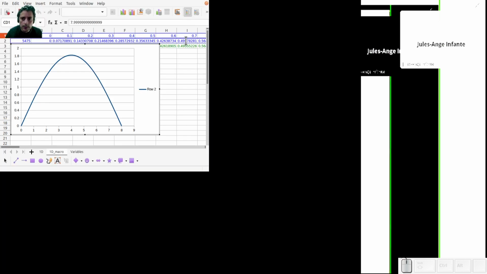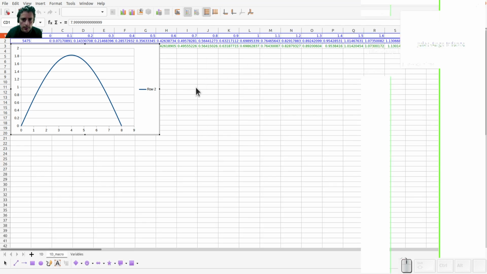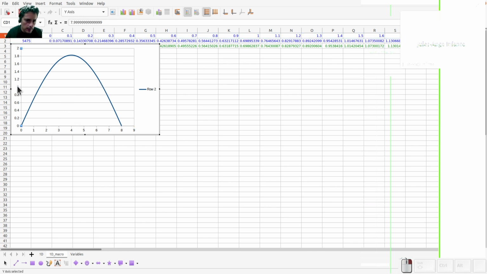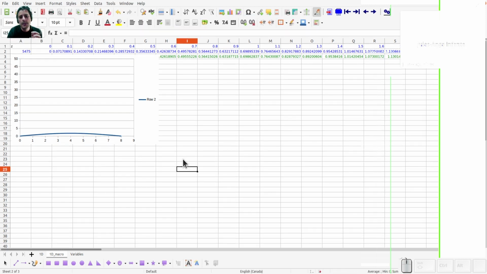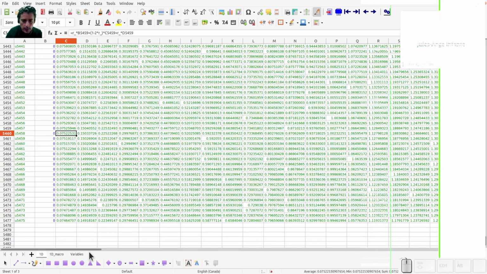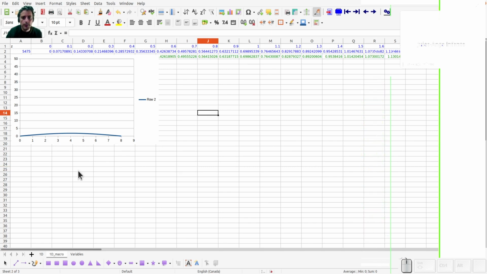So the shape is correct, and if we were to go to our maximum of 50, okay, that is basically what we'd expect it to have at 50 years. That's what we had in the figure that we had for the previous one.